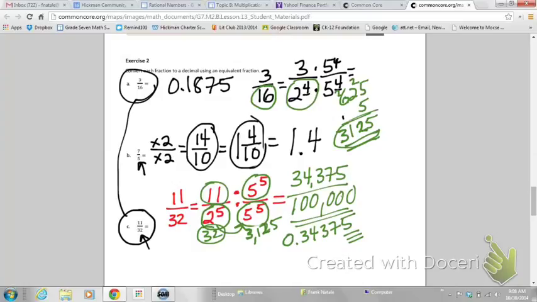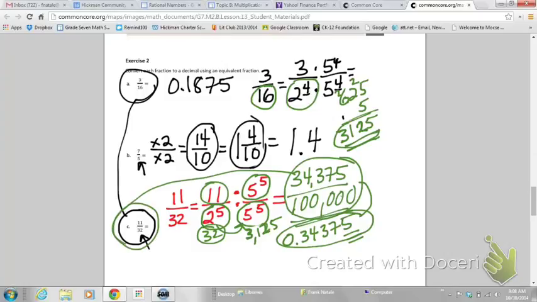I'm sorry, I said 10,000ths place. 34,375 100,000ths is the same as this in the decimal form. And actually, believe it or not, 11/32 equals that. Pretty strange. And, of course, knowing all this powers business, very, very helpful in the future.